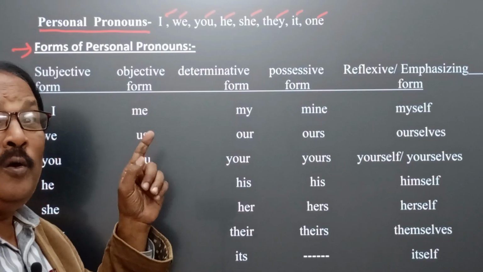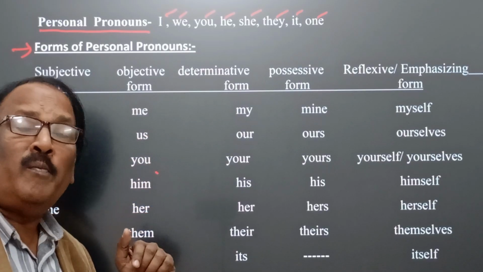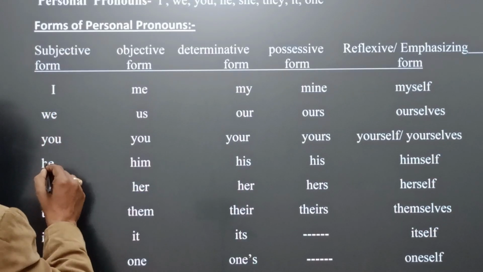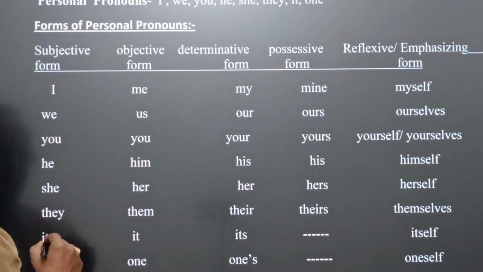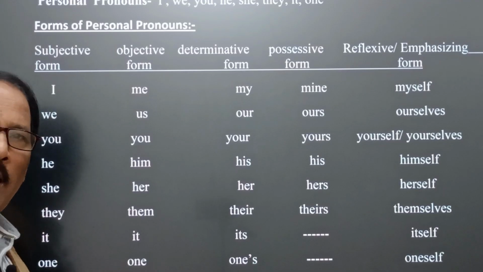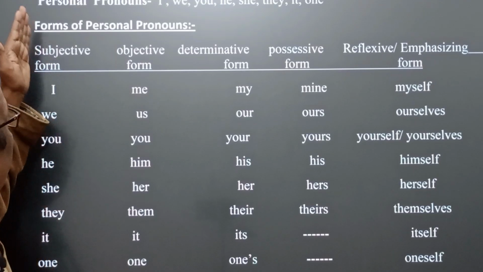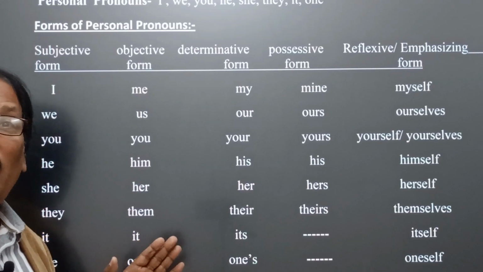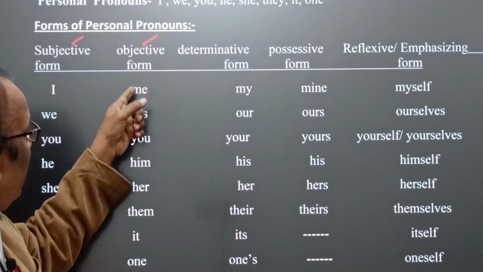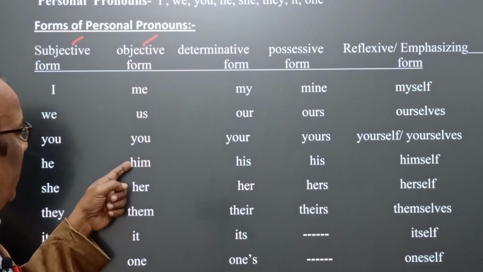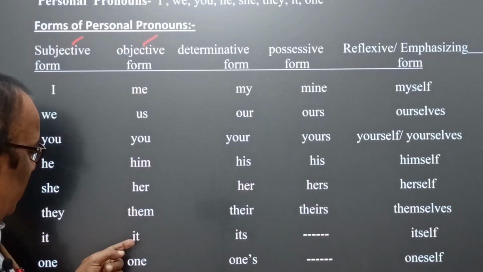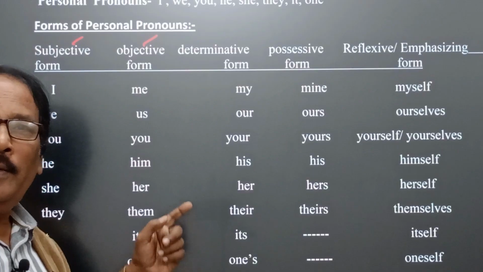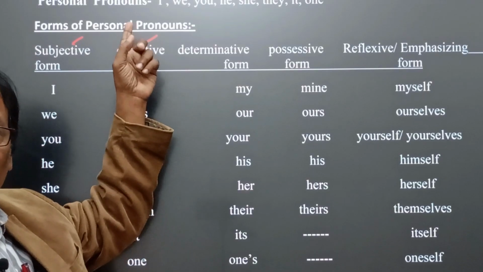They play the role of subject of the verb in a sentence. I, we, you, he, she, they, it, one are the examples of subjective form or nominative form of personal pronoun. Objective form: me, us, you, him, her, them, it, one.